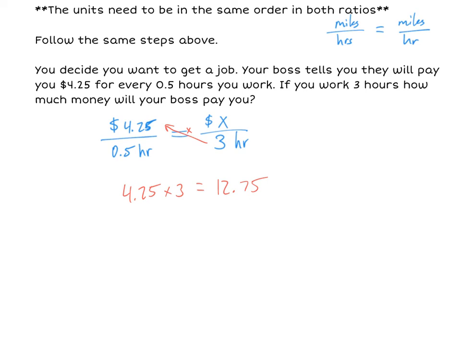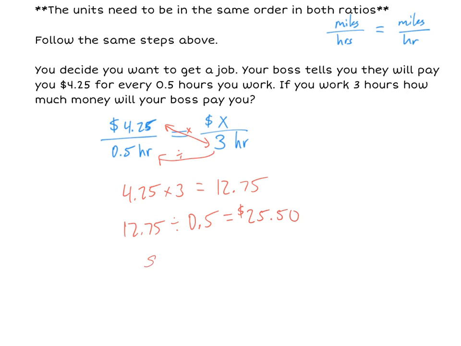Then we need to divide by 0.5, so 12.75 divided by 0.5. And yes, use your calculator. Who's got it? Ben, what did you get? 25.5. 25.50. We're talking money.